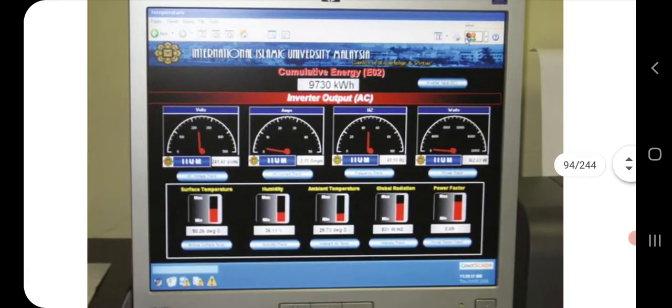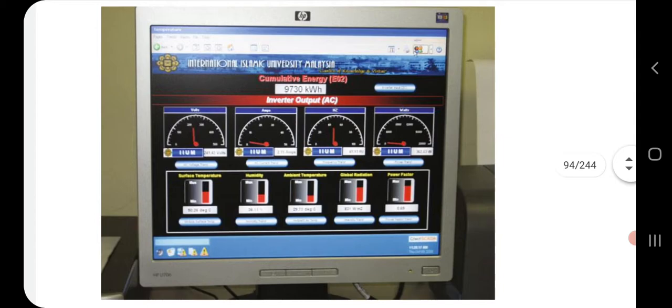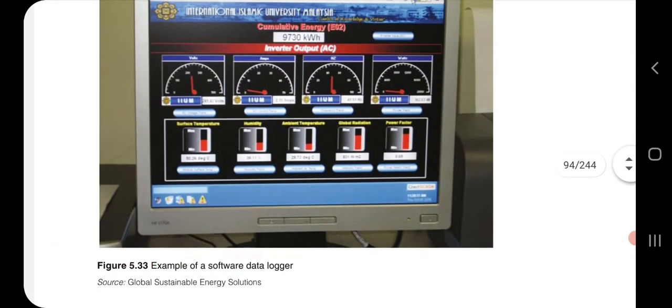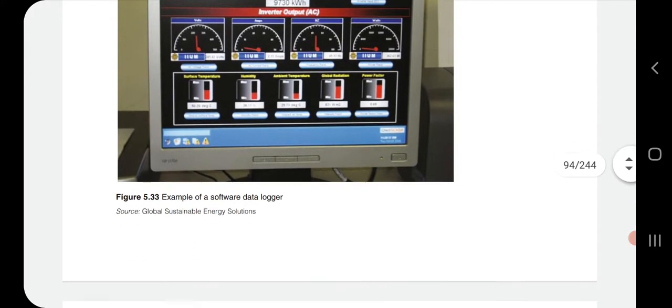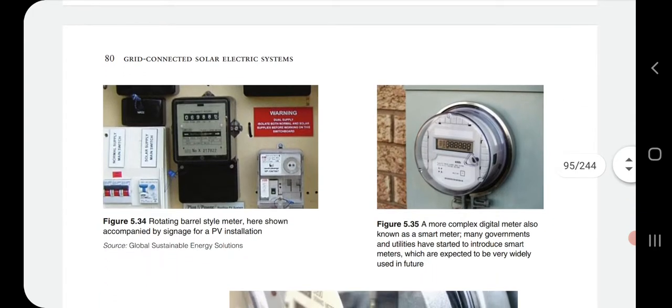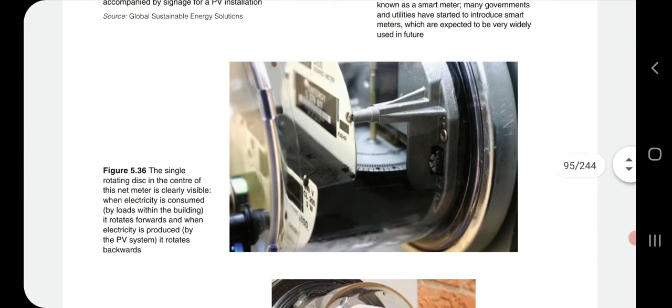So this is a meter or monitor which records all of the PV module system, input, output, and maximum power delivered. All this gets recorded in this one. These are different types of meters they are using, which help in recording the particular values.